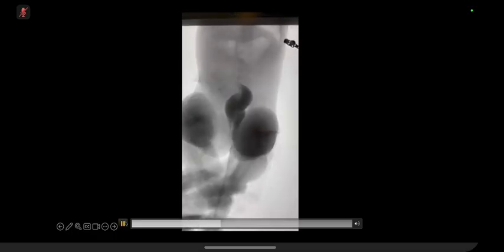However, there is no resolution of the intussusception in this case on the first attempt. In my routine clinical practice, I'll be reattempting. I have a few more images as well. Sure.